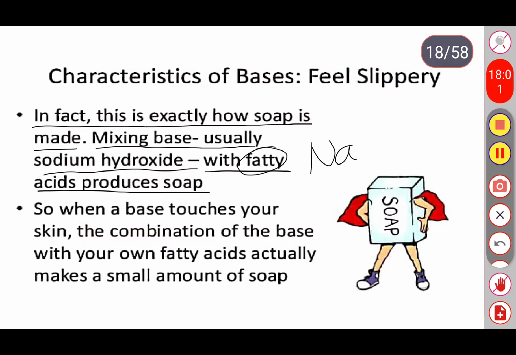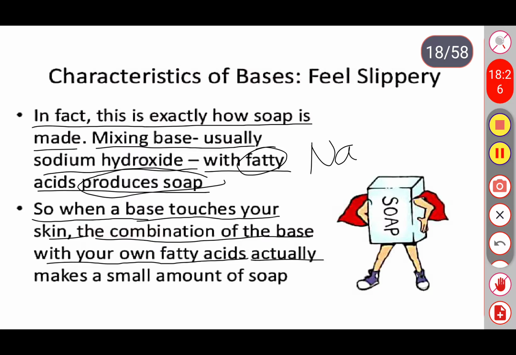So most soaps are composed of sodium hydroxide and fatty acids or glycerols. When a base touches your skin, its combination with your own fatty acids makes a small amount of soap. So these are some characteristics of bases.